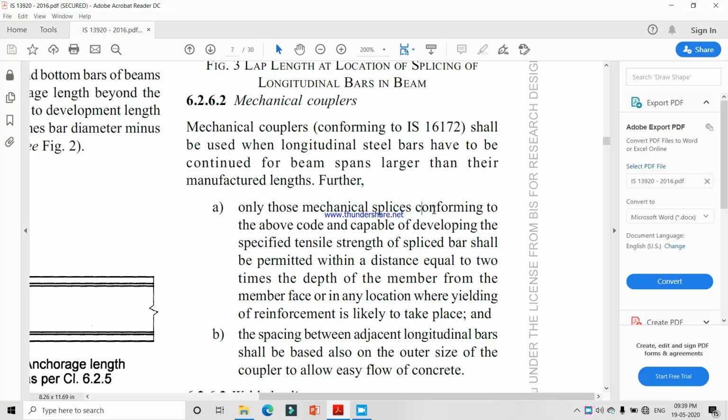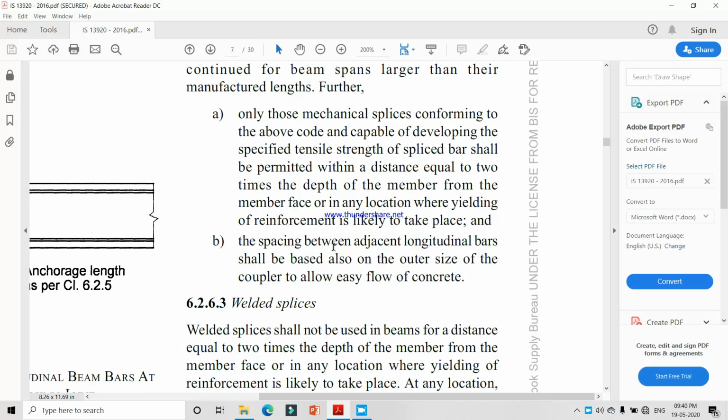If we are doing mechanical splicing, it must be capable of developing the tensile strength of the spliced bar, and it is permitted within a distance equal to 2 times the depth of the member. That means the length of the splice zone is 2 times the depth of the member.